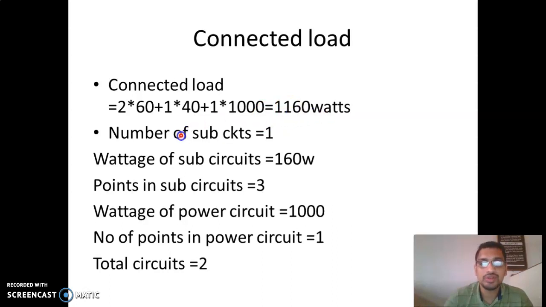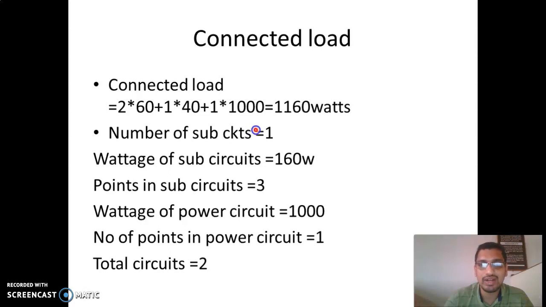Now we define the number of sub-circuits and power circuits. For selecting the number of sub-circuits, we have two criteria. The first is that one sub-circuit consists of a maximum of 10 points, and the second is that the maximum allowable wattage in one sub-circuit is assumed as 800 watts.